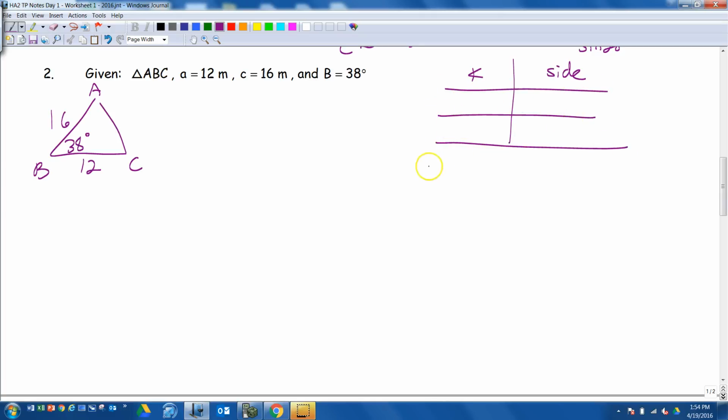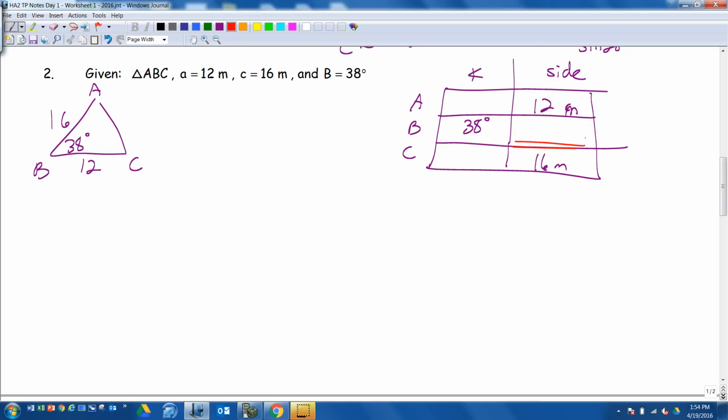If you have an angle and side pair, you can use law of sines. However, if you look at this chart, we have little a, so side of A is 12 meters. Little c is 16 meters, and big B is 38 degrees. We can't do law of sines because we don't have an angle that goes across from the side. We have to use law of cosines to find the missing side here.